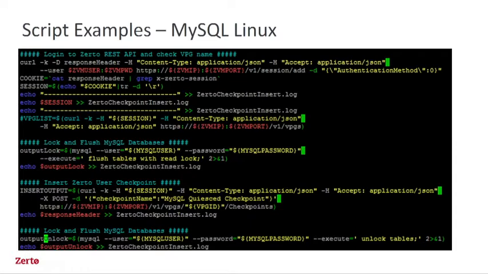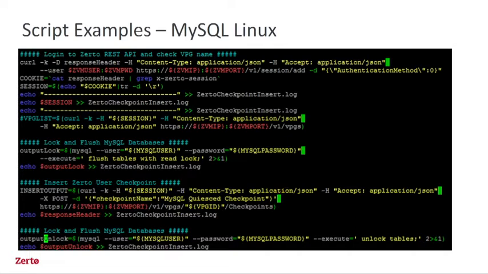Same exact script. I'm not going to go through it all. This one uses our REST API, and it's a native Linux script. So this is a bash script that basically does the exact same thing, but I can put it in cron. I can call it whenever I want, and it'll do, like I said, the exact same thing.